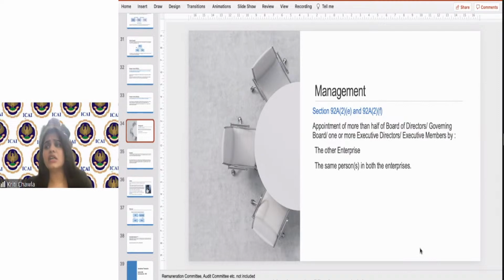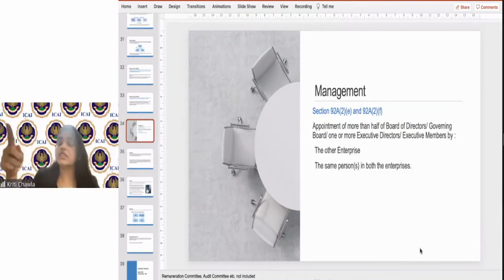Now, the word that has been used by the law, it says executive director, or it says executive members. Do you think independent directors will be covered? So if one company appoints independent directors in the other company, do you think that will be covered, independent directors? Exactly.